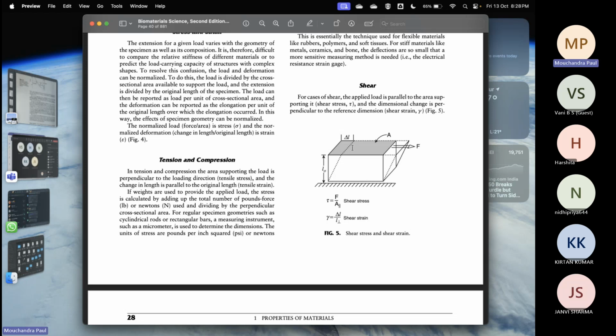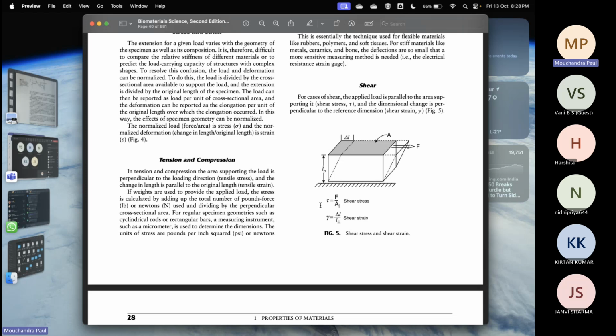And when you apply a tangential force on, say, this shaded face of this block, and the force is applied tangentially in this direction, you can see the arrow, because of which the shape of the material has slanted, right? It has slanted. So if this is the original length of this face, this much additional length, delta L, is being added due to this tangential force.